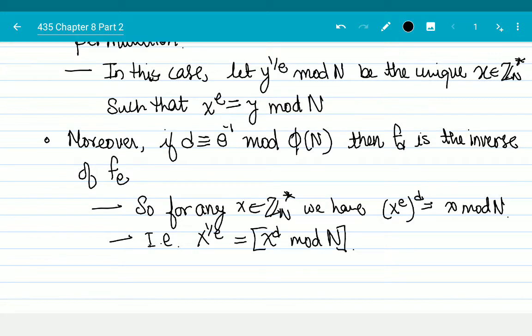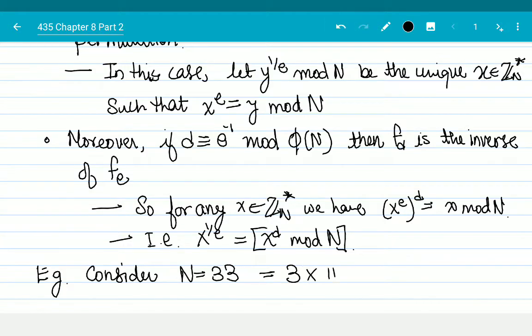Example. Consider n is equal to 33, which is equal to 3 times 11.